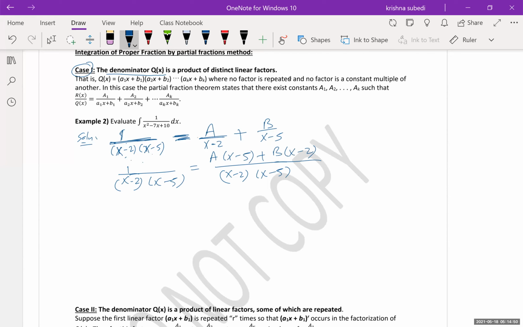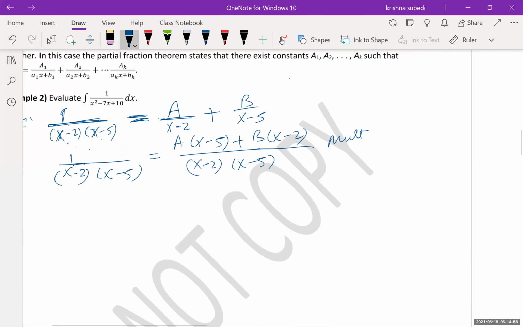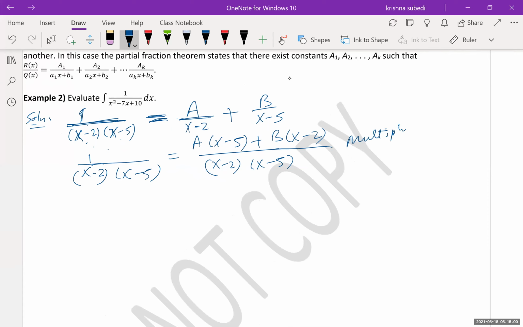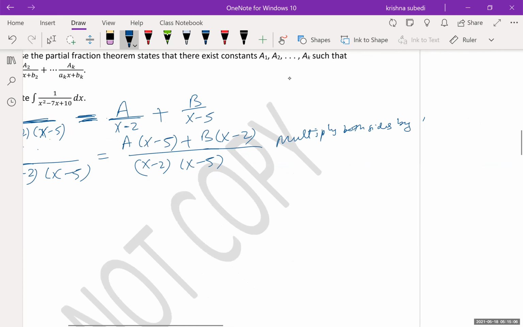Now multiply both sides by x minus 2 and x minus 5.